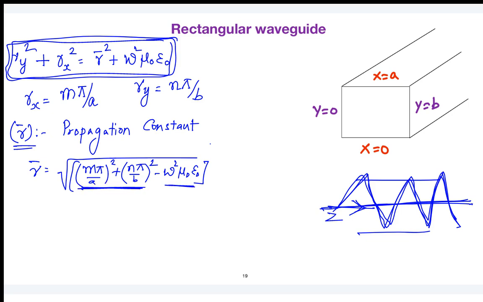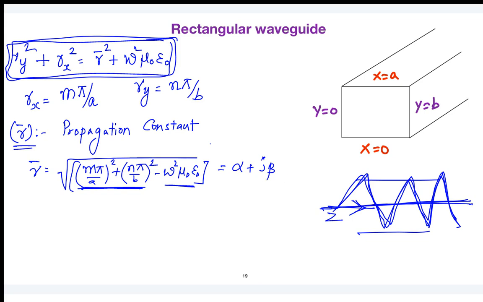can you expect propagation? Quickly. If this is going to be a higher value compared to this, in that case gamma bar is purely real, which means you are going to get attenuation. In order for the wave to propagate in a waveguide, you don't want that case to happen. So in order not to have any attenuation, gamma bar has to be purely imaginary.